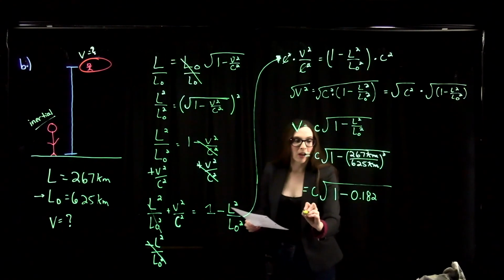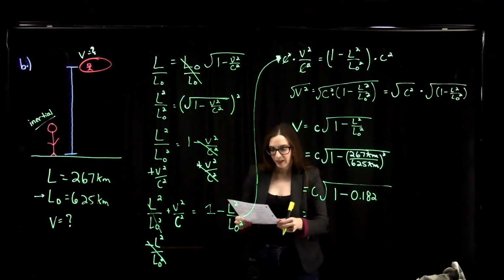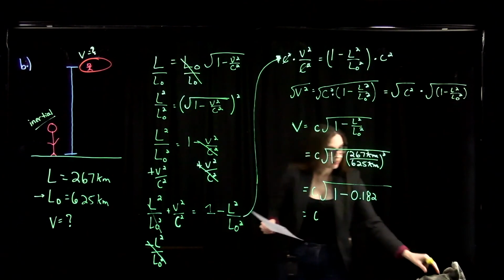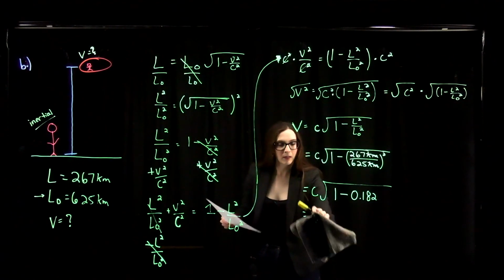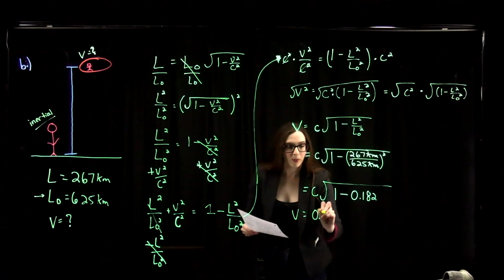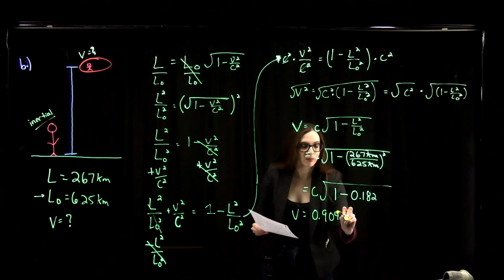And the square root of 1 minus 0.182 gives me a speed of 0.905 times c.